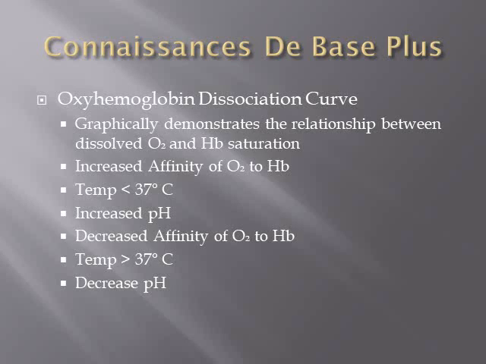And then we have things that will decrease the affinity, which means it's going to offload the oxygen from the hemoglobin better, which are a temperature higher than 37 and a decreased pH. So notice how if you run a fever or you have a respiratory acidosis, your oxygen is offloaded easier to help with the healing process, or to compensate for what your body isn't giving you because of its current situation.